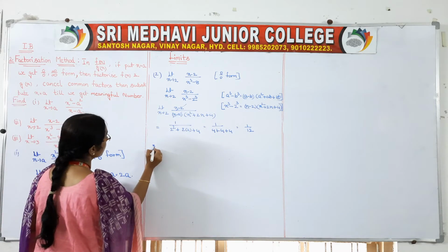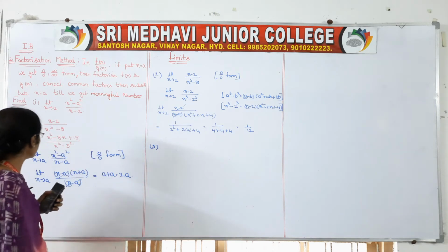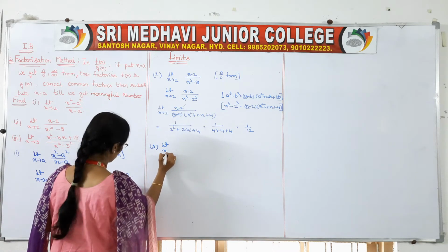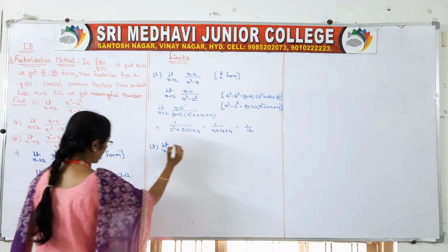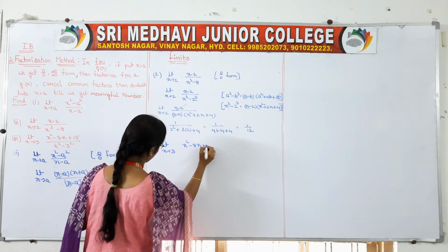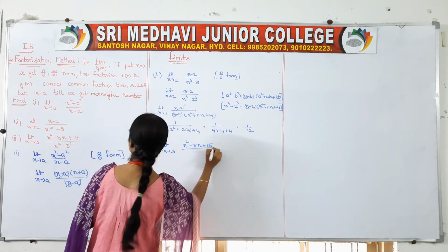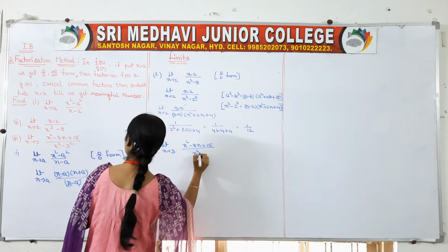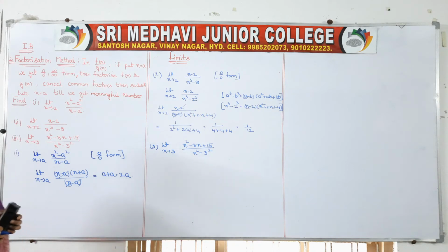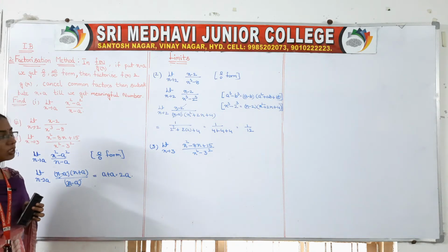Now come to your third question. What is your third question? Limit x tends to 3, (x square minus 8x plus 15) divided by (x square minus 3 square). Observe the problem.